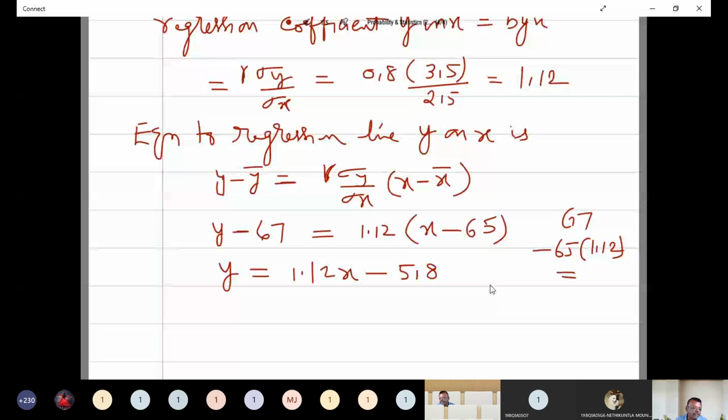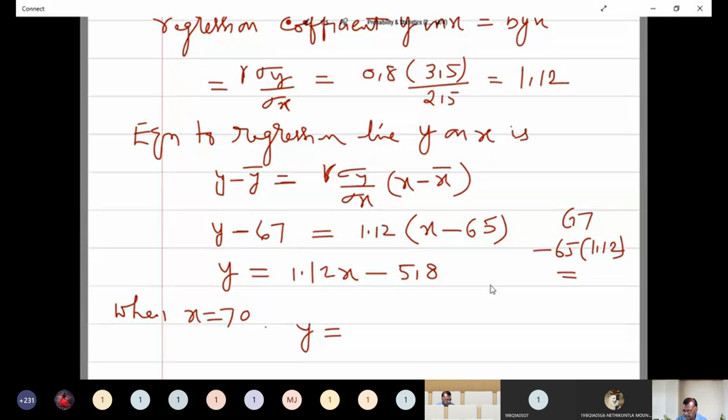Now we need to find out when x is equal to 70. The price in Kolkata is equal to 70, and we need to find the price in Mumbai. When x is equal to 70, y is equal to 1.12 into 70 minus 5.8. Minus.